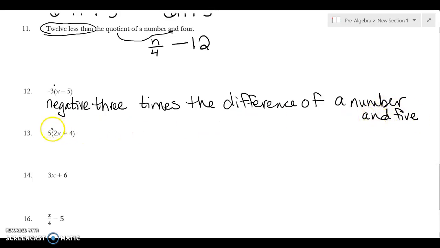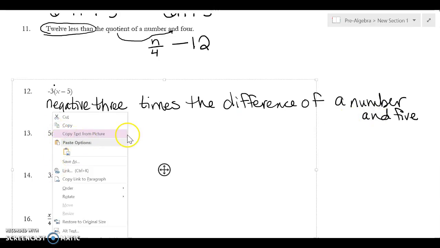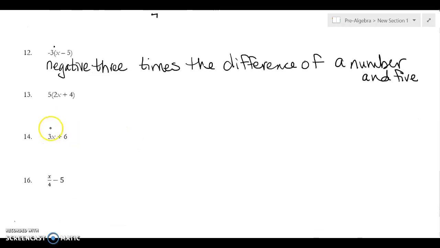For number 13, this is another one that has parentheses. So that's a times. So it's 5 times, and again, parentheses, so it has to be sum or difference. This is plus, so it's sum.